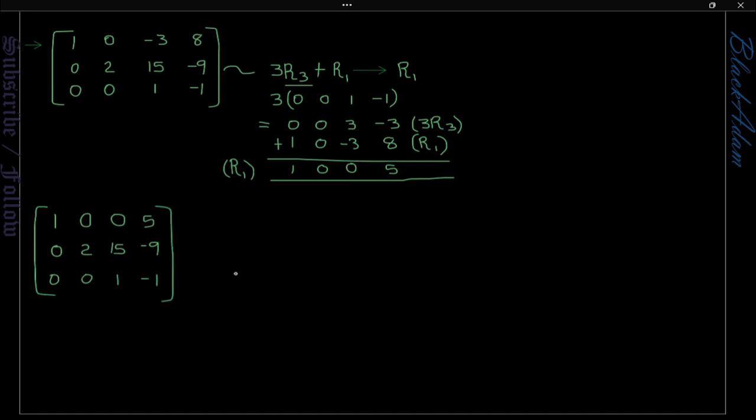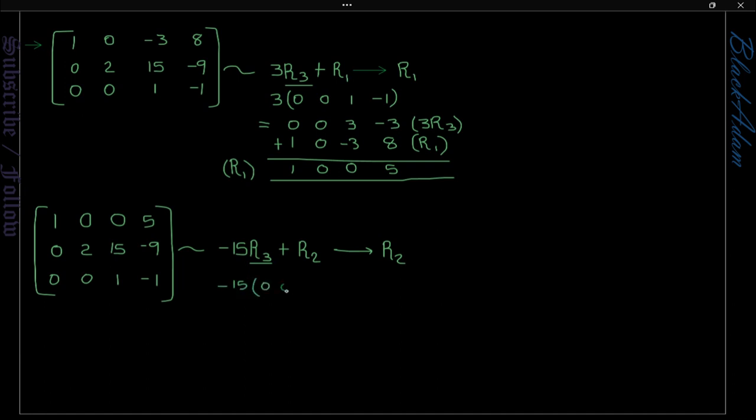Okay, so the first row we've covered. We need to sort the second row. The second row pivotal position has 2, so we need to multiply row 3 by -15 to get rid of the 15 there on the third column. So -15 times row 3 plus row 2, and all that we replace in row 2, so we keep row 3 constant.